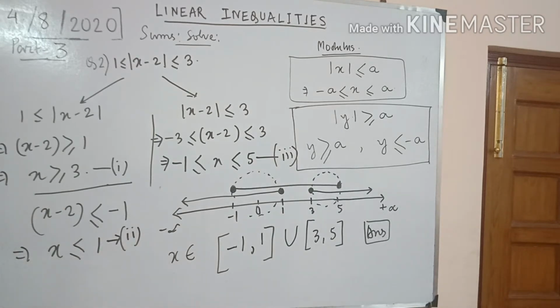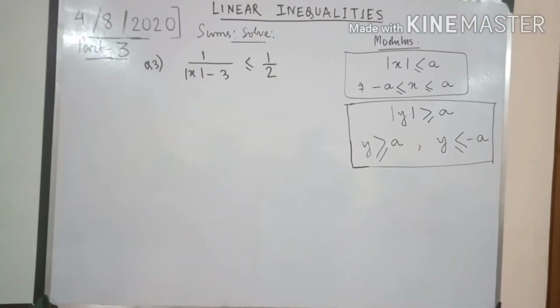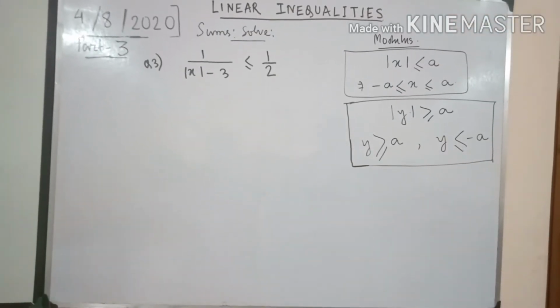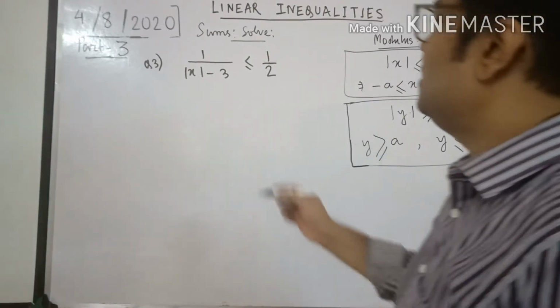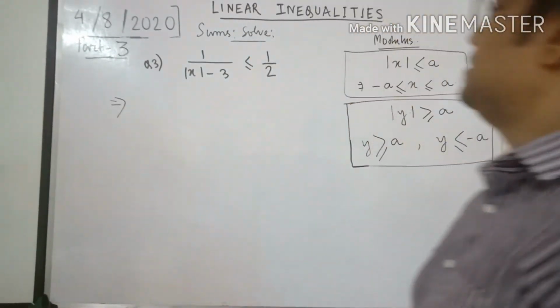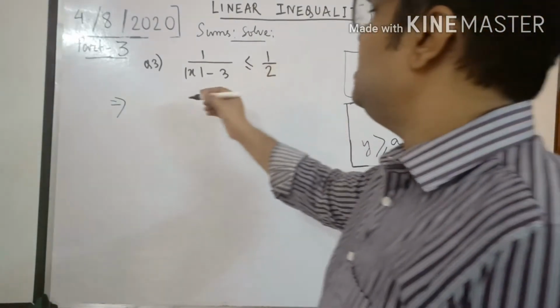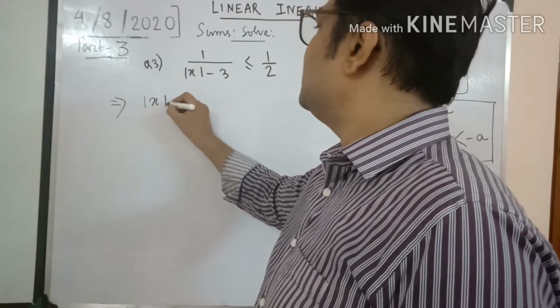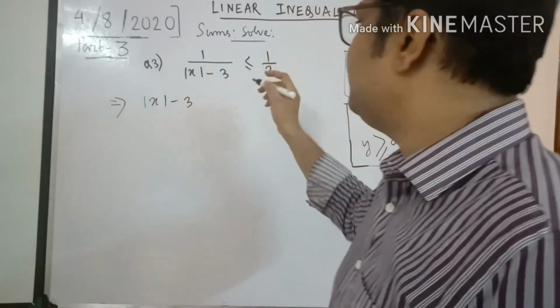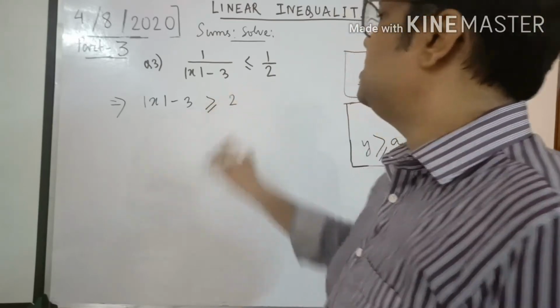So let us move to the next one. So we see another sum over here, 1 by mod x minus 3 less than or equal to half. So here we immediately take the reciprocal of this. As per the first rule, if I take the reciprocal, the sign will be changed.